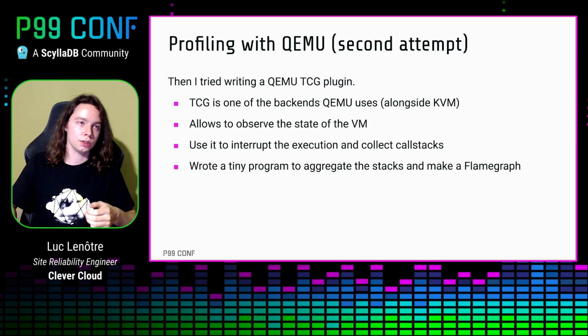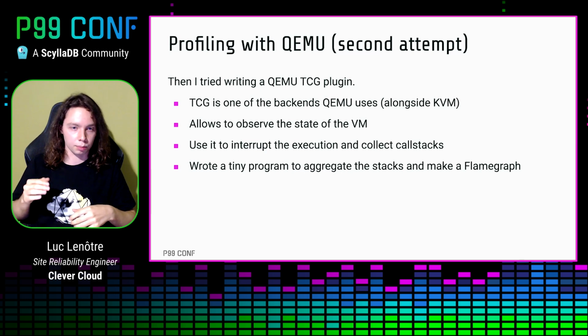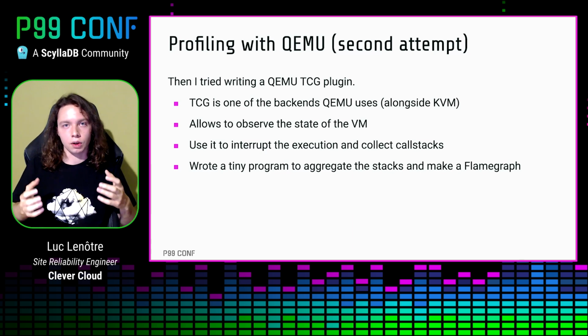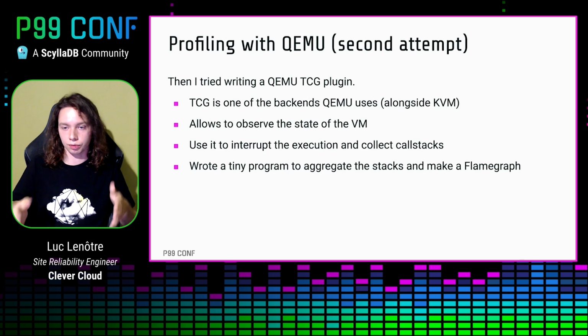What I decided to settle for was to write a plugin for QEMU. The plugin is doing pretty much the same thing: it interrupts the execution, but much faster than GDB can do. When I have aggregated all the stacks, I use a tiny program to make a flame graph with it.